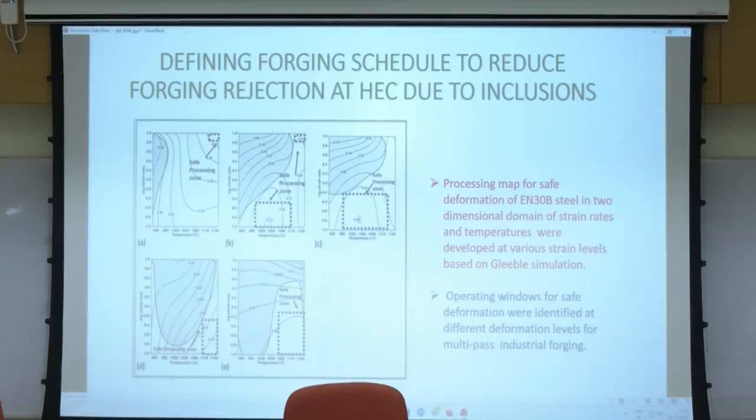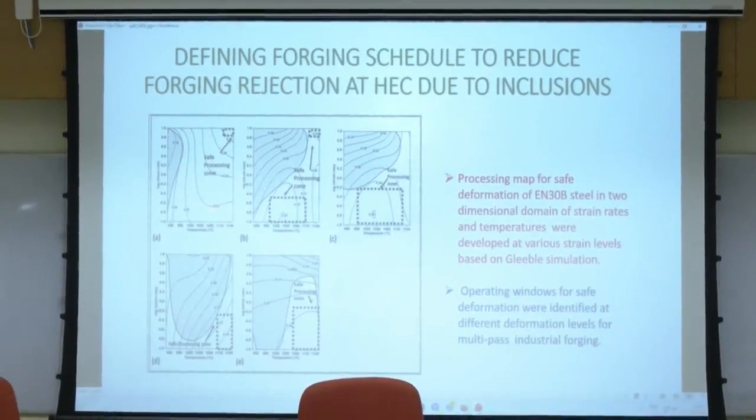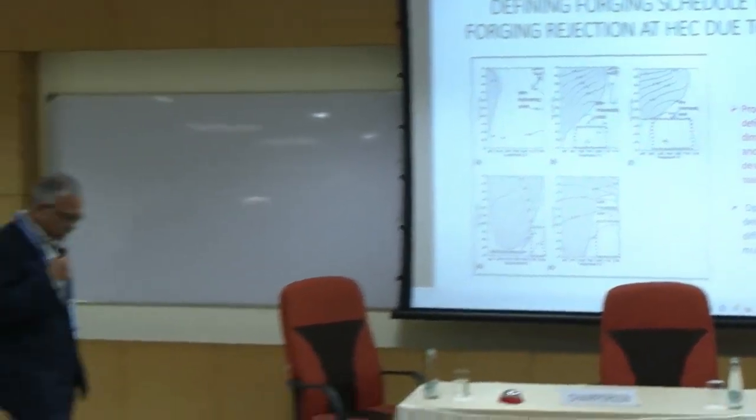So basically here we have defined some forging schedule. Based on critical experiments, we developed this processing map, and then we identified the window of strain rate and temperature for different stages. During multipurpose forging, you can define for the initial stage what should be your window of temperature and strain rate such that you can do the same deformation.